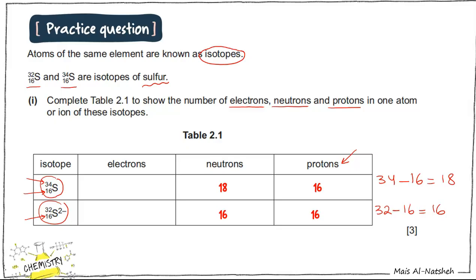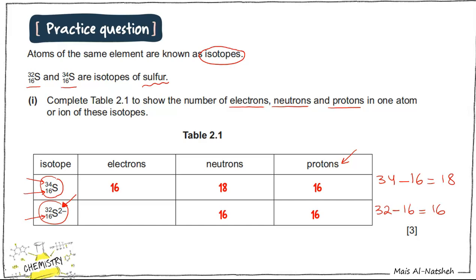Now for electrons. First of all, the first isotope is an atom. For a neutral atom, the number of electrons equals the number of protons. So absolutely there will be 16 electrons. But for the number of electrons in the second isotope, which is an ion, how can I tell it is an ion? Because there is a 2 negative charge. This means that the sulfur gained 2 electrons.